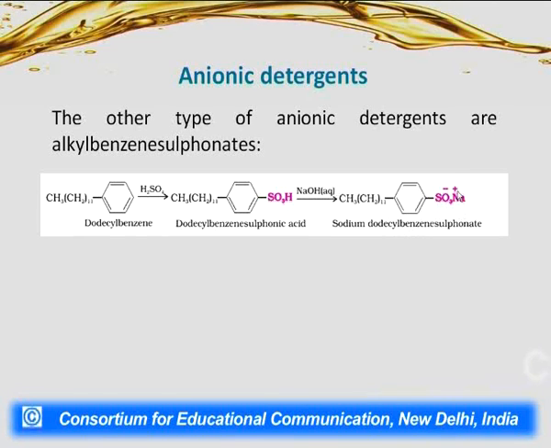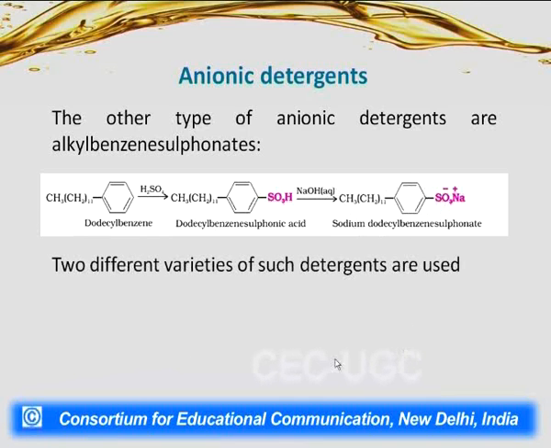So, sodium salts of long chain benzene sulfonic acids and sodium salts of simple alcohol sulfonates are used as anionic detergents because the cleansing action part is done by this section, which is having negative charge on it.